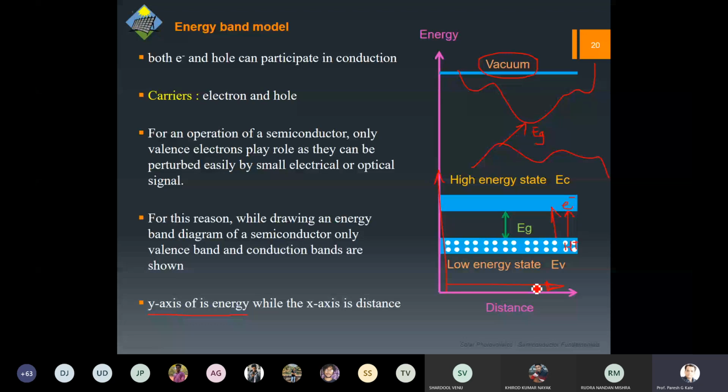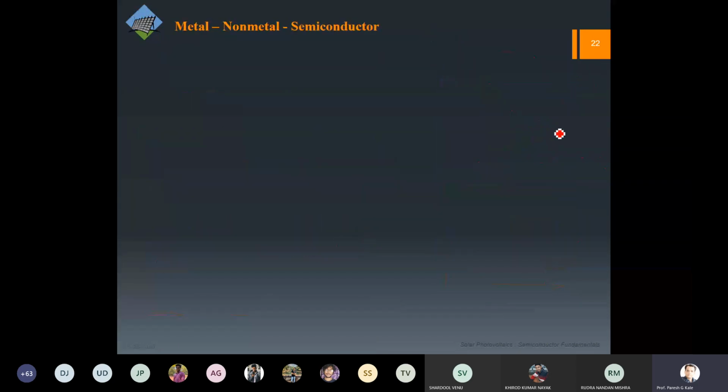You remove everything, you suck out everything, so there is no electron left. Now tell me how much energy it will require to remove each and every electron. That will be 13.6, so obviously that's why it is far. Anyway, with respect to that vacuum level, we are defining EC, EV, and any other energy that we require. So there is always a reference over here.